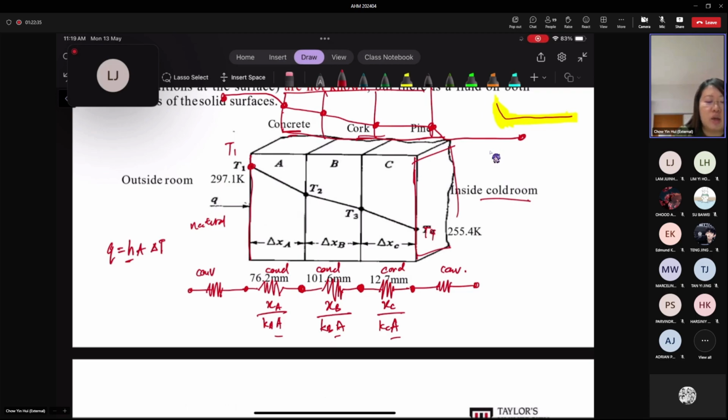If you rearrange it, it is temperature difference divided by resistance, which means temperature difference divided by 1 over hA. So we can express it as 1 over Ho multiplied by A. For the outside room, the convective heat transfer coefficient is denoted by Ho, and for the inside cold room it is denoted by Hi, so this will be expressed as 1 over Hi multiplied by A.